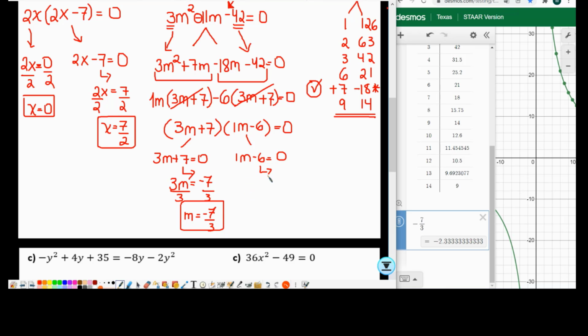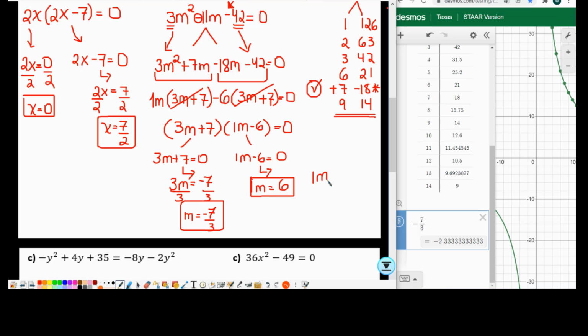In the second answer, we're going to move the 6 to the other side. So this would be 1m equals positive 6. Now, if you remember, 1 times m is the same thing as writing m. So that means you can erase the m or leave it the 1. You can erase the 1s and leave it invisible. So basically, we say that m equals 6. Okay.